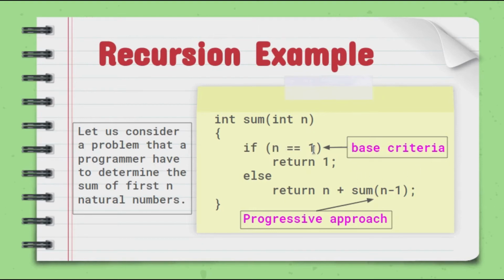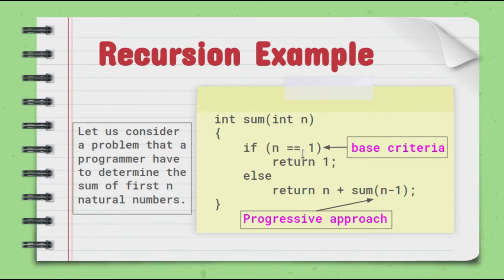As you can see, if n is equal to 1, that means the base criteria, remember, that means the function is going to stop calling itself when n is equal to 1. Here we are assuming that n is a positive integer greater than or equal to 1. It should not be a negative number. If n is a negative number, we are going to talk about that in a minute.